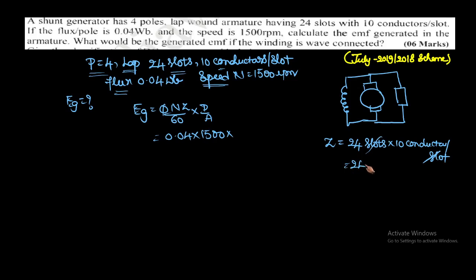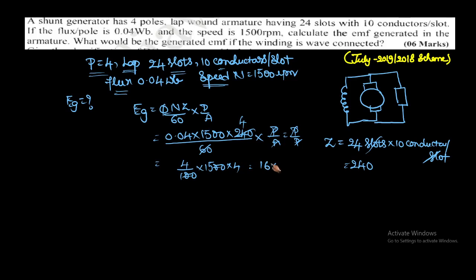How many conductors? 240 conductors. So 240 divided by 60, into, since it is lap connected, P by A is P by P, which gets cancelled because both are equal. So finally the answer is 4. So you get 0.04 by 100 into 1500 into 4.